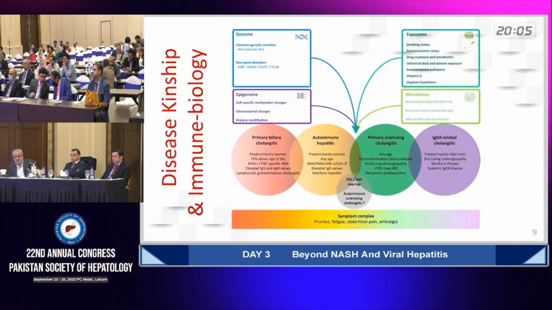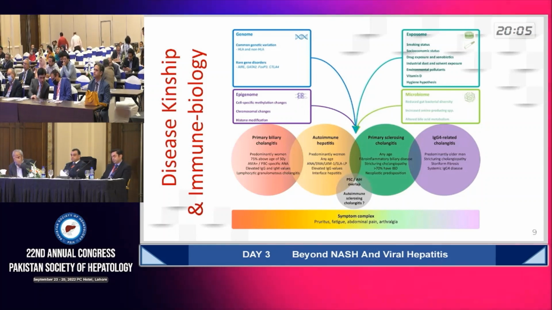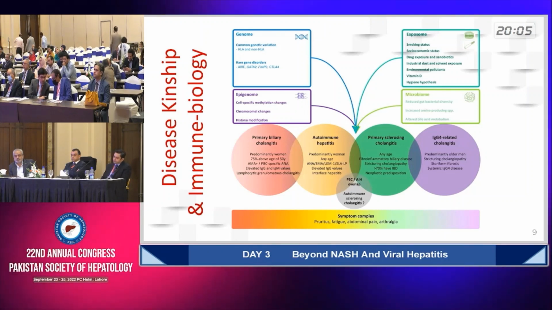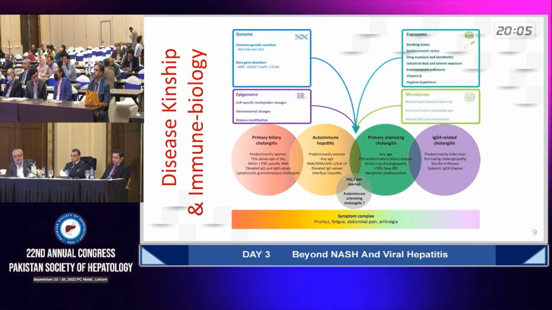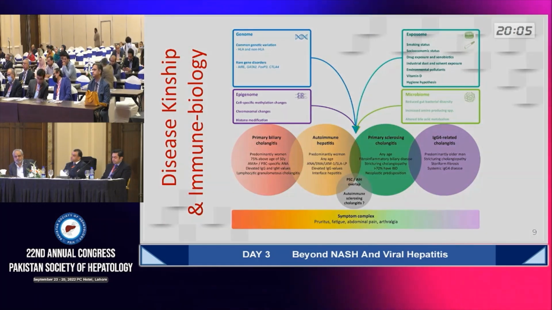These conditions tend to share a disease kinship due to underlying immune biology. We do not know for sure the exact etiology, but we recognize that in certain individuals who are genetically predisposed, certain environmental conditions could lead to development of one of these conditions. These conditions do tend to share a lot of phenotypic features, and this is where the problem of overlap syndrome comes in.